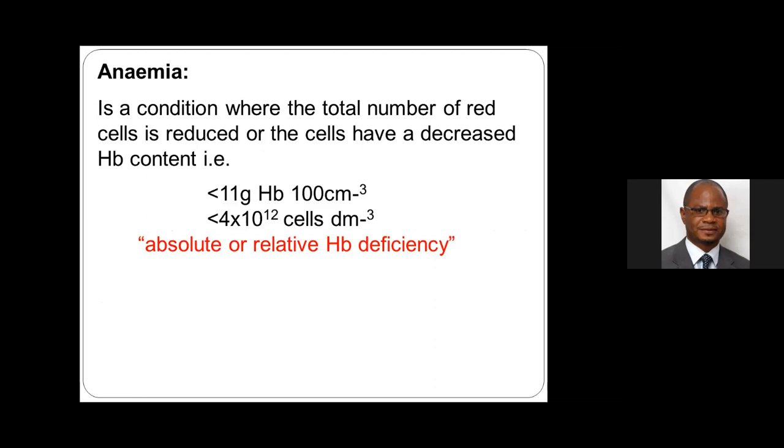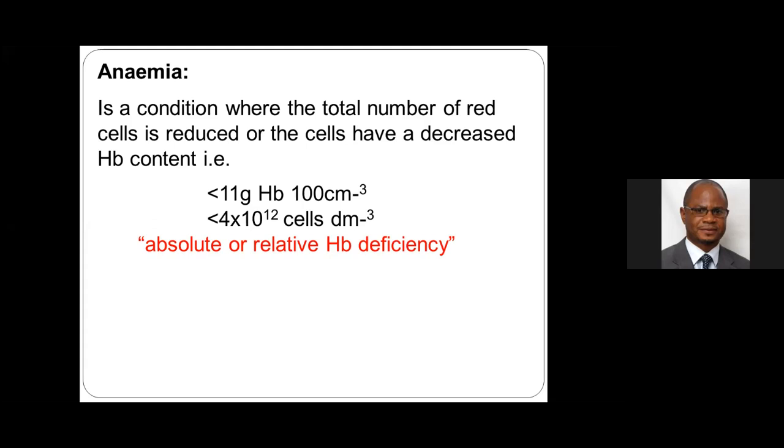Anemia is also defined as a condition where the total number of red cells is reduced or the cells have a decreased hemoglobin content. So you have less than 11 grams of hemoglobin per 100 cubic centimeters of blood, or less than 4 times 10 to the power 12 cells per cubic decimeter of blood. So it can be absolute or relative.